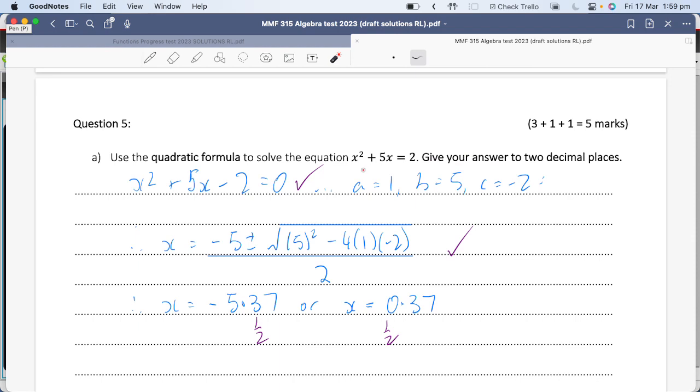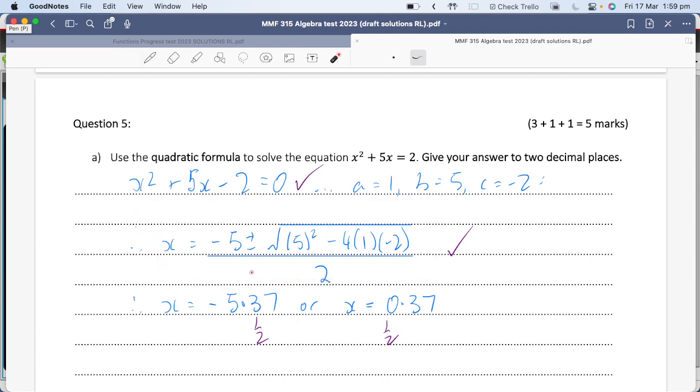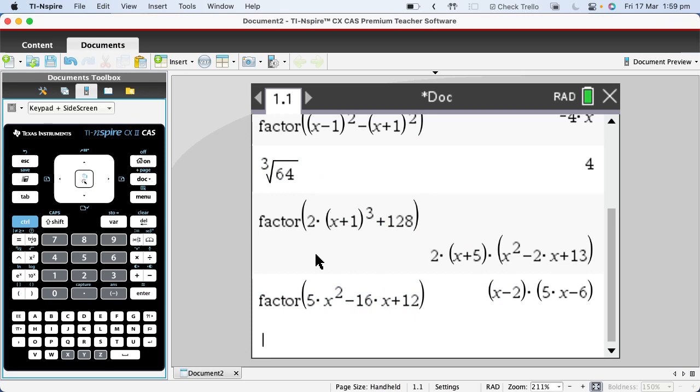Honestly, though, in terms of the exam, it's so easy to make numerical mistakes where you've just accidentally stuffed it up. In terms of an exam or a test, this shows me that you know how to use the quadratic formula if you had to. Personally, I would be using the solve function in my calculator. Again, menu, algebra, solve.